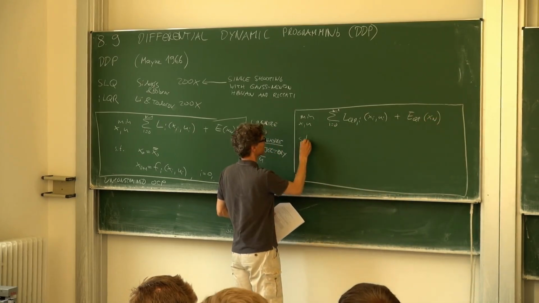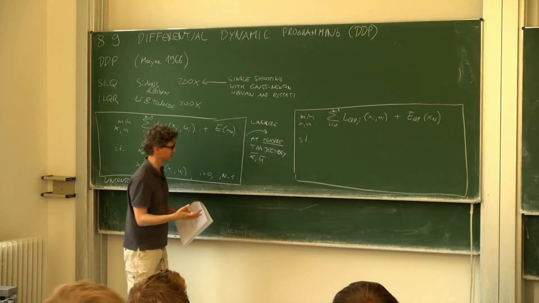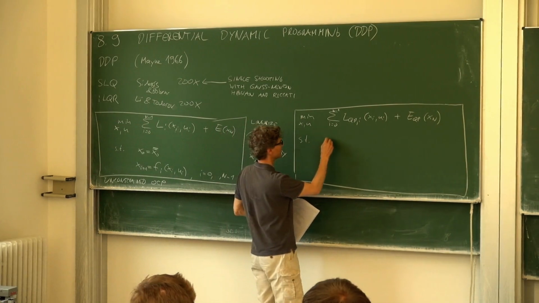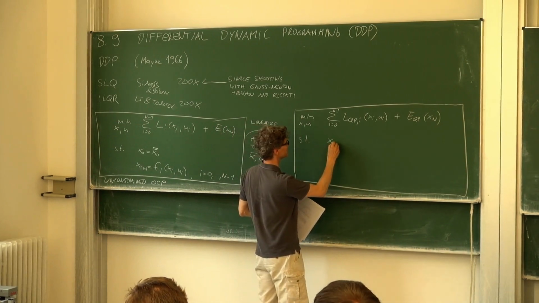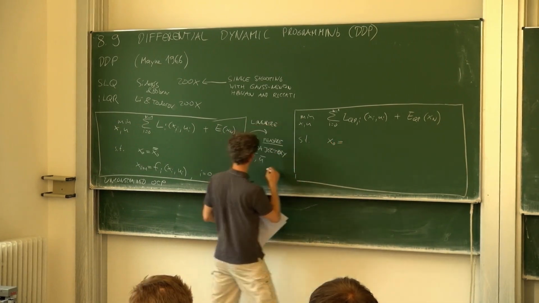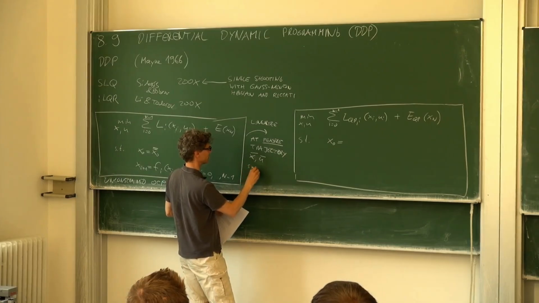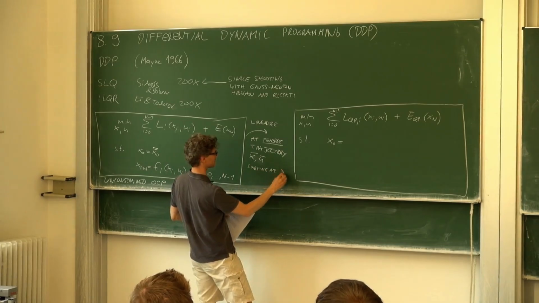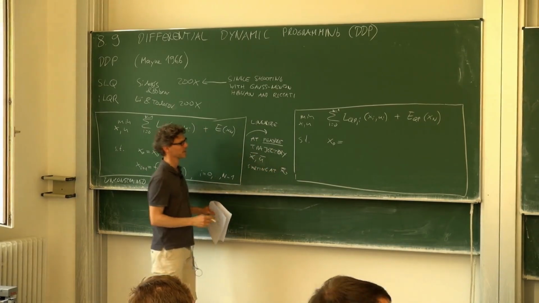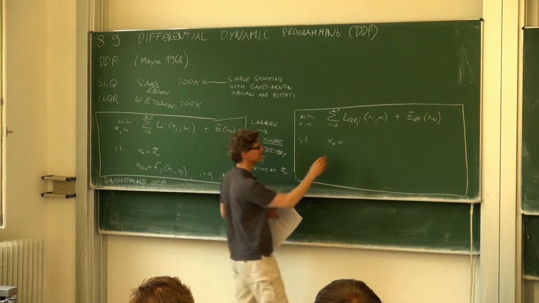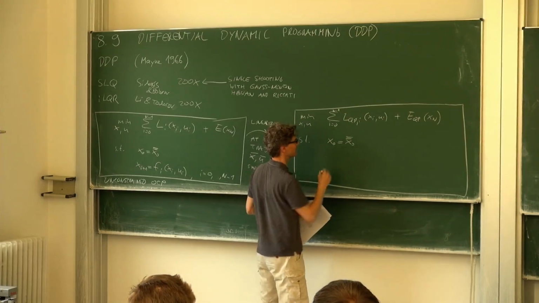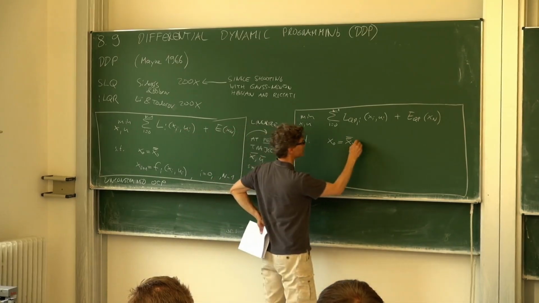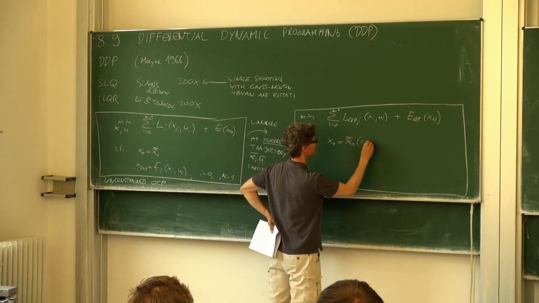And my constraints are now, okay, what are the constraints? The constraints are that the initial value x0 should be equal to, I mean, a feasible trajectory starting at x0 bar bar, right? So the initial point should really start at x0 bar bar, which is also, by the way, equal to x0 bar.